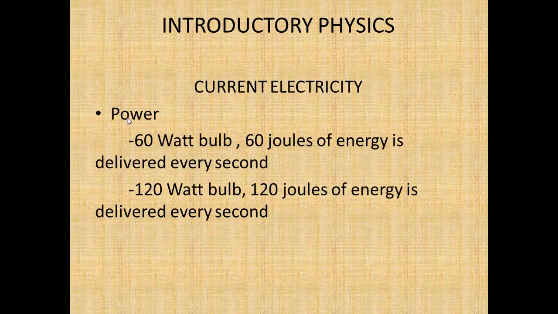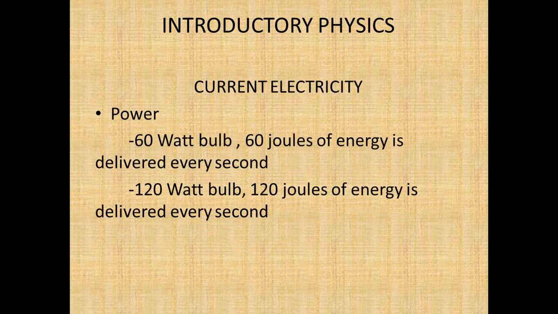So if you have a bulb which is rated 60 watts, that bulb is going to consume 60 joules of energy every second, as opposed to your 120 watt bulb, which is going to consume 120 joules every second, because power is energy per unit time.